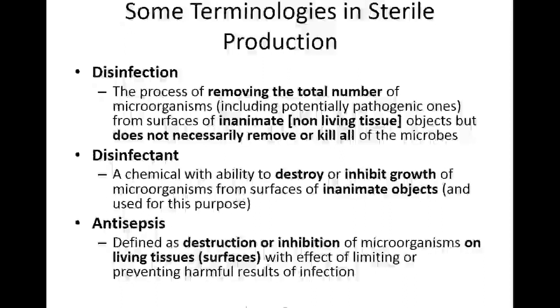It means you remove the total number of microorganisms. You can either kill or remove, but it is not necessary. A disinfectant is a chemical with the ability to destroy or inhibit growth of microorganisms from the surface of inanimate objects.